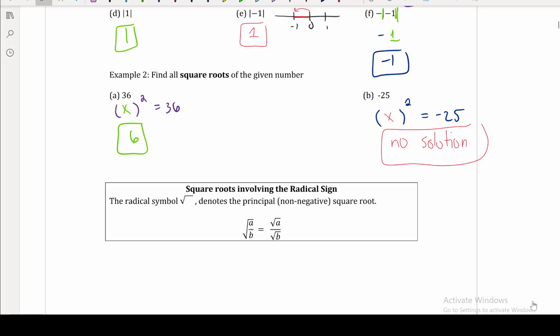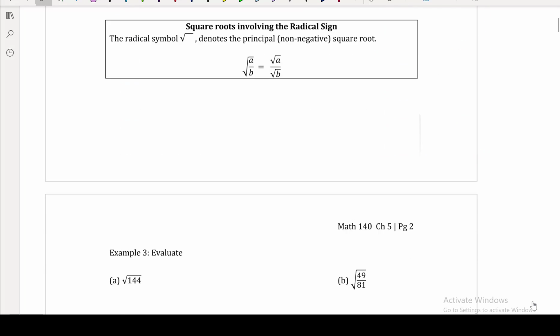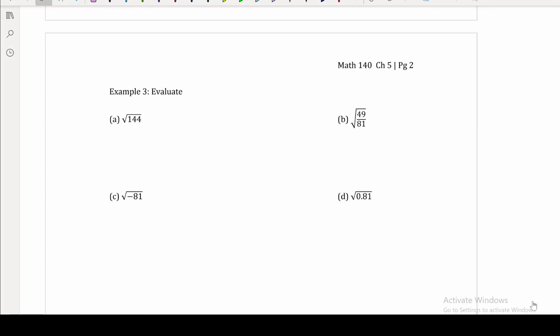And now with the square root involving the radical sign, whenever we have a fraction, the cool thing that we can do is we can actually split the fraction. So let's look at some examples. For example, you might want to think, okay, what is the square root of 144? And you can plug that into your calculator, and so you would get that this is going to equal +12.